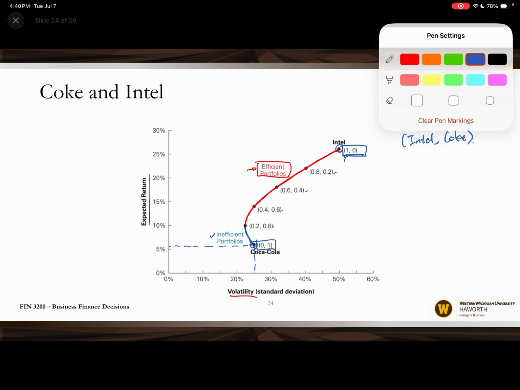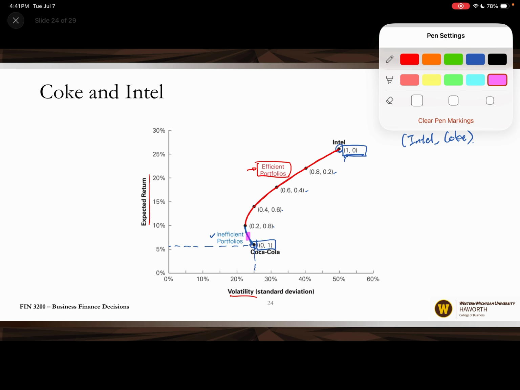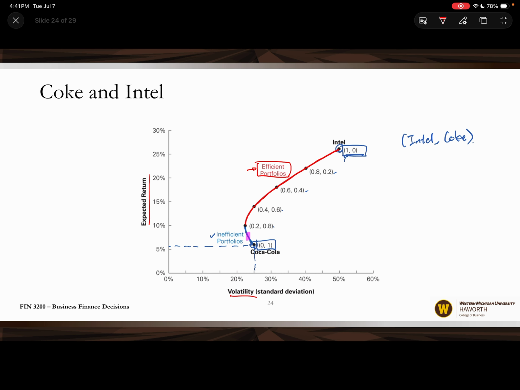Meaning, as a rational person, let's pick a spot here, right there. No one should pick that point because if you look, it has, I don't know, 23% volatility but an expected return of about 7%.